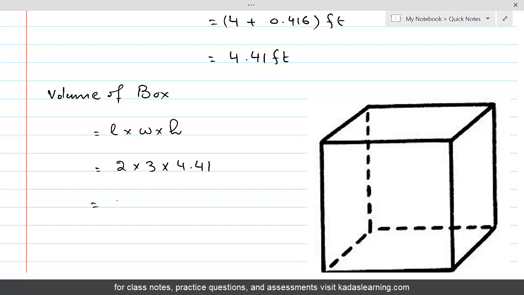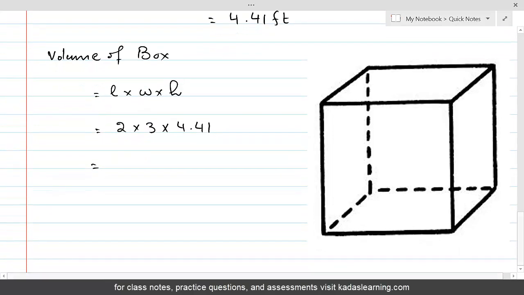That is an equally acceptable way of calculation. So if we multiply 2 times 3 is 6, 6 times 4.41, this will give us 26.46.